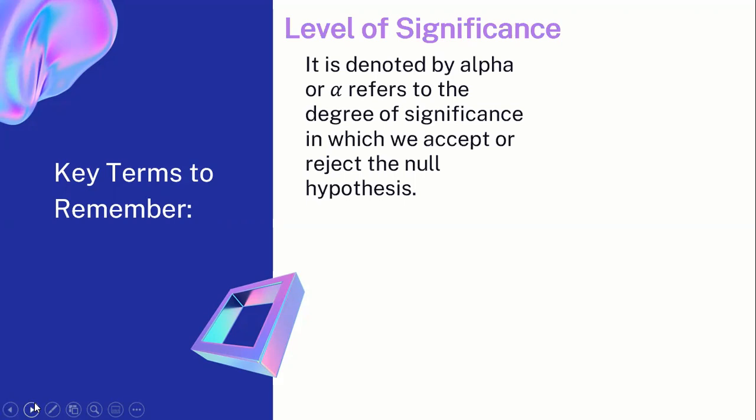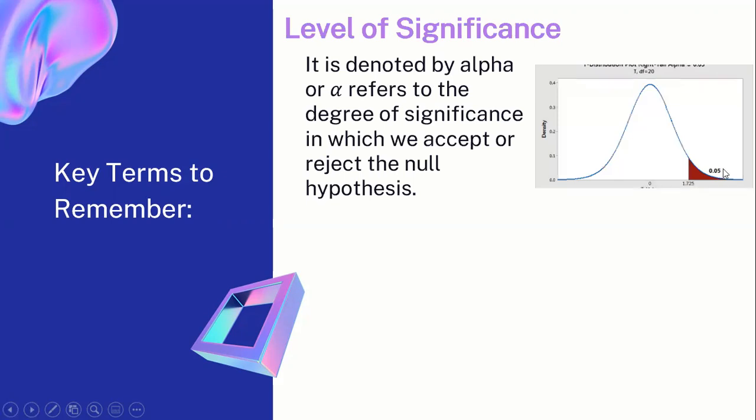This is an example of a level of significance at 0.05. The most commonly used levels of significance are 1%, 5%, or 10%.